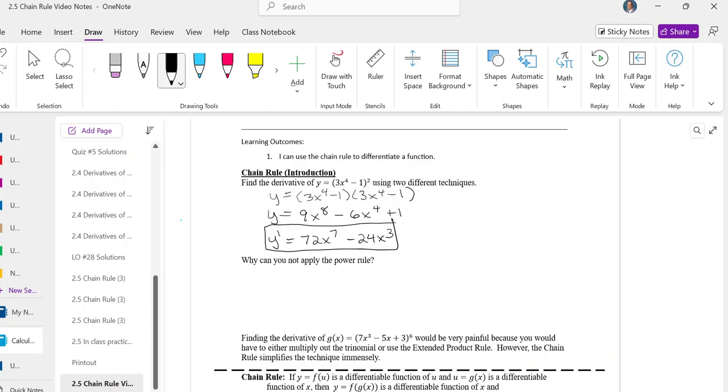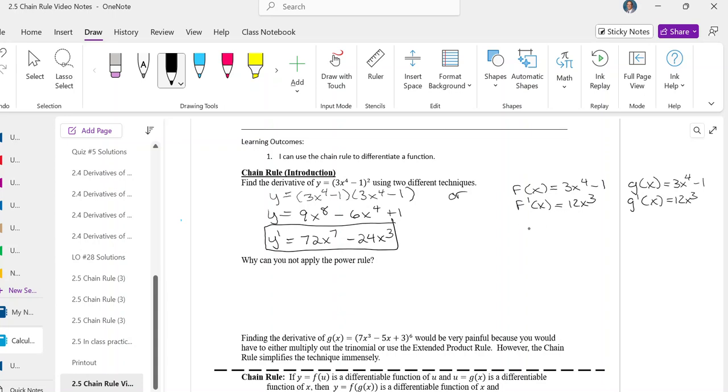Or you could do the product rule, where f of x would be 3x^4 minus 1, f prime would be 12x^3, g of x is also 3x^4 minus 1, and g prime is also 12x^3.